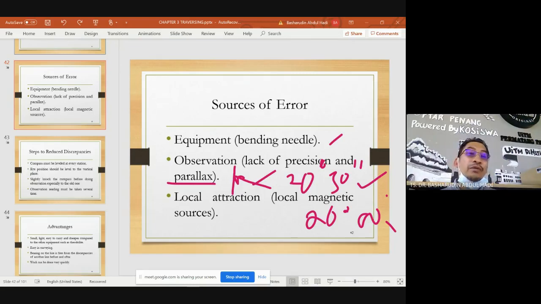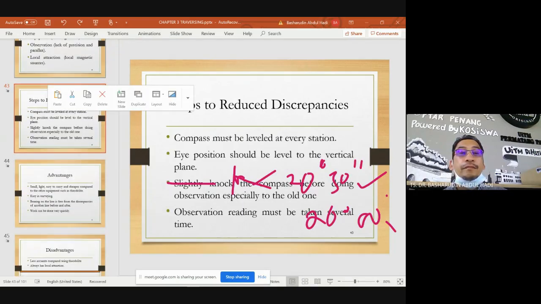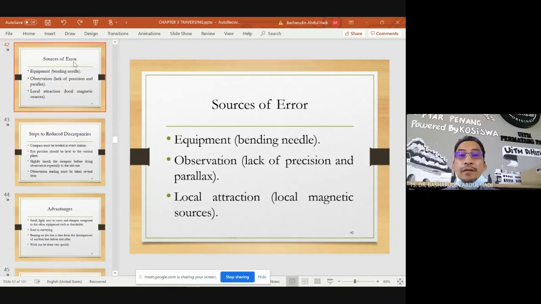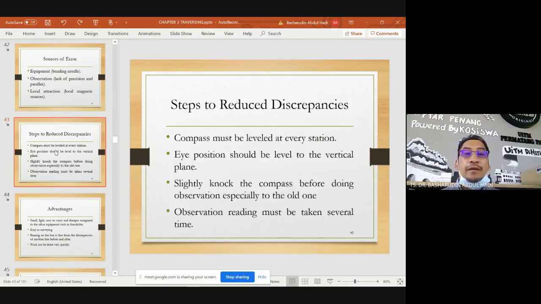So the compass does not work. But even though it does not work, at that time they did not have any equipment, for example theodolite or total station, so they still used a compass to complete the survey. Local attraction: we are looking at local magnetic sources.